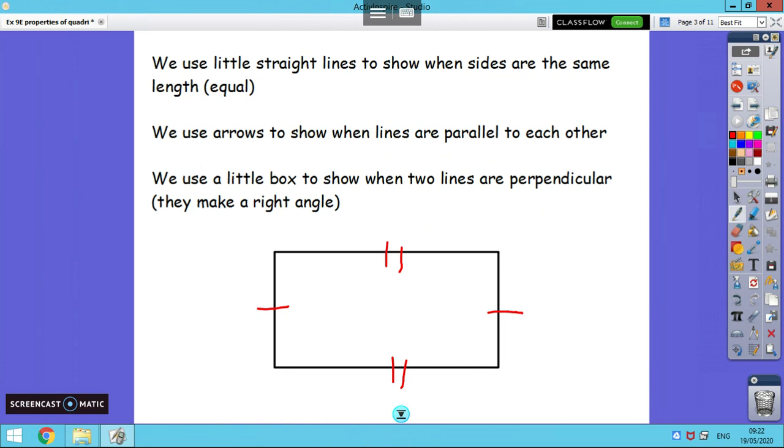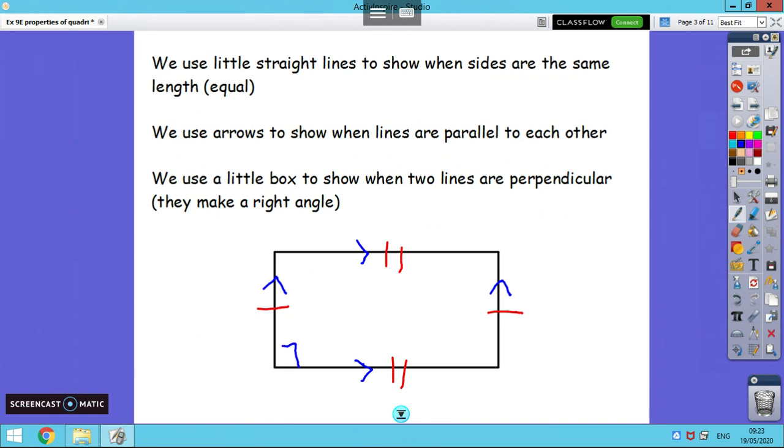Okay, we use arrows to show where lines are parallel to each other. I'm going to do this in a different colour. So which lines do we think are parallel to each other? Well, I know this line is parallel to this line, and this line is parallel to this line. What about when 2 lines are perpendicular, when they make a right angle?